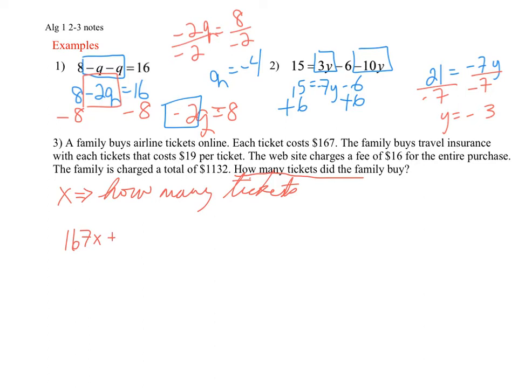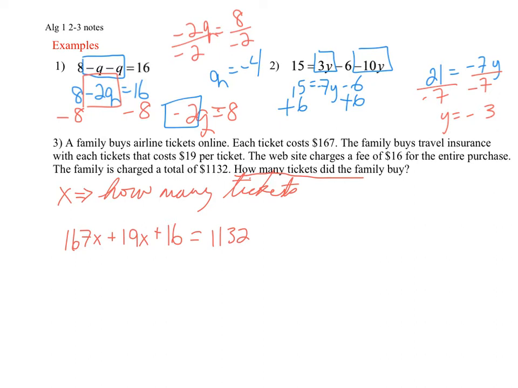We're going to add that to travel insurance for each ticket, $19 times each ticket. Then we're also going to have a flat fee of $16 for the entire purchase added to the cost, which is $1,132. Now that we've got that set up, it looks just like our multi-step equations that we've been working with here.